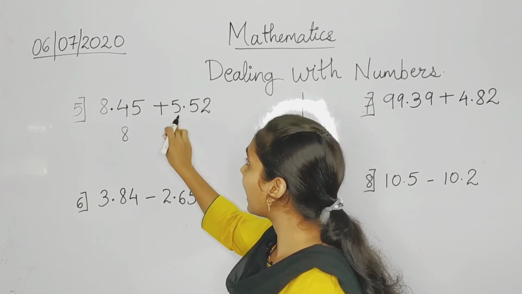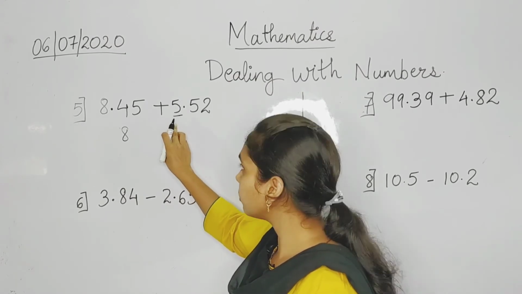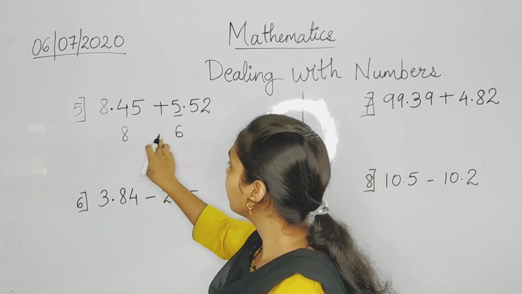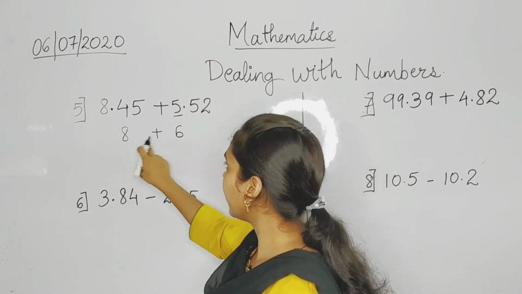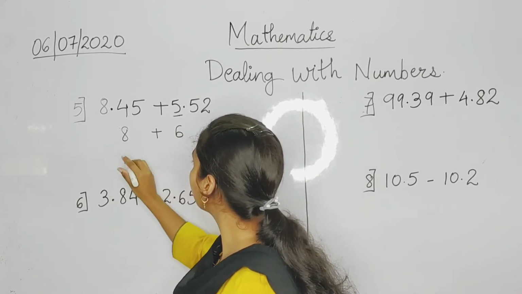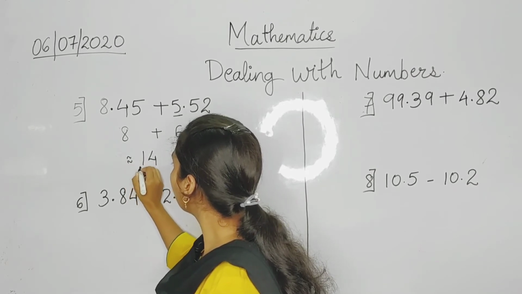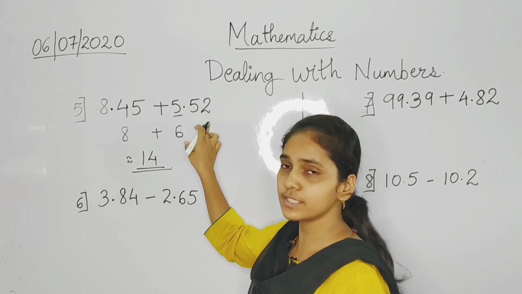We add 1 to this 5. Adding 1 to 5 gives me 6. Now we have to add 8 and 6, the rounded off numbers. Adding 8 plus 6 gives me 14. So this is our approximate addition.